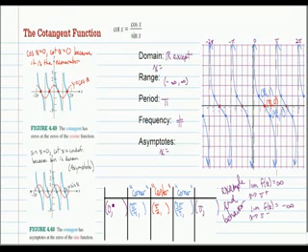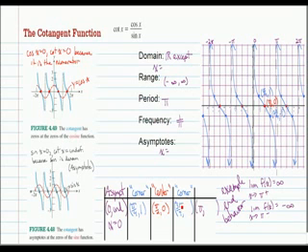So again, this is going to be an asymptote because the cotangent of 0 is undefined. So x equals 0 is our first vertical asymptote. The cotangent of pi over 4 is positive 1. The cosine of pi over 2 is 0 divided by the sine of pi over 2 is 1, which is 0.